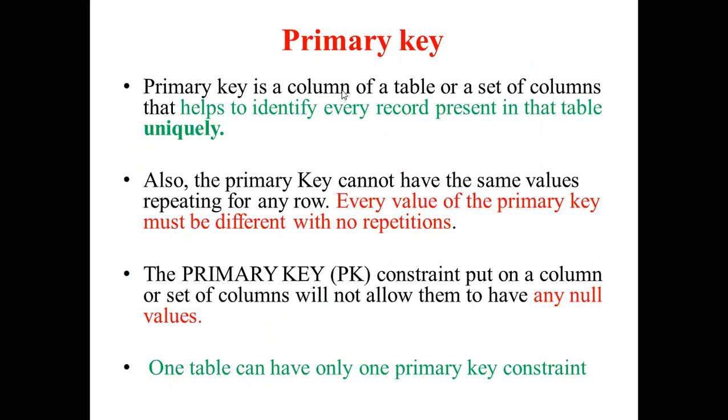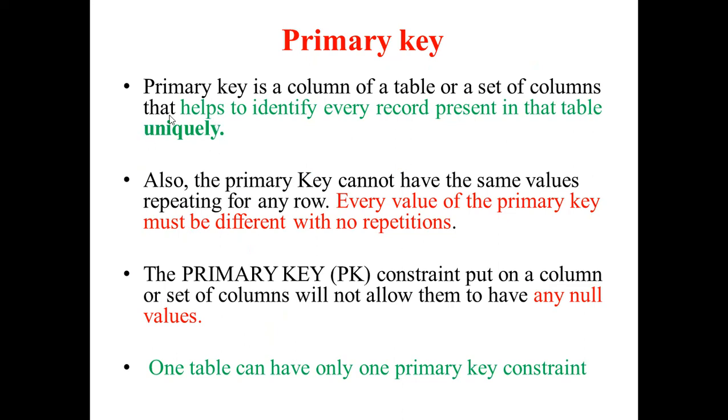A primary key is a column of a table or set of columns that helps to identify every record present in that table uniquely. Please remember, the word uniquely is very, very important. Whatever values are available in that column, they are not repeated.